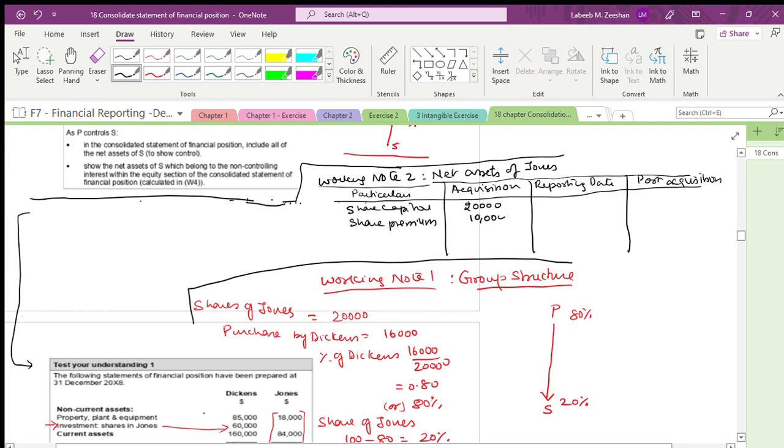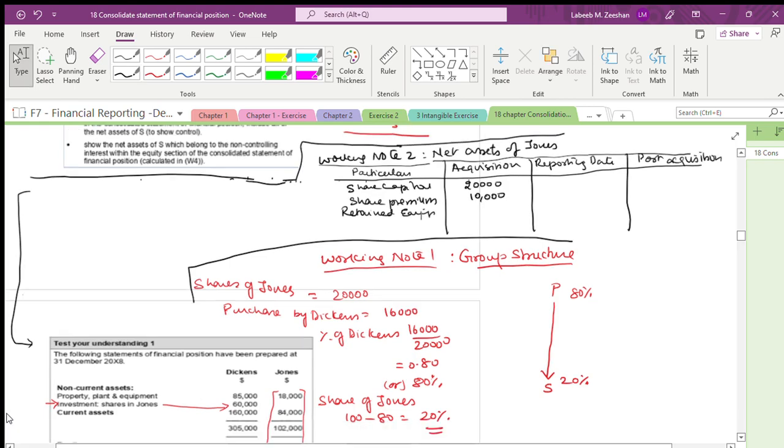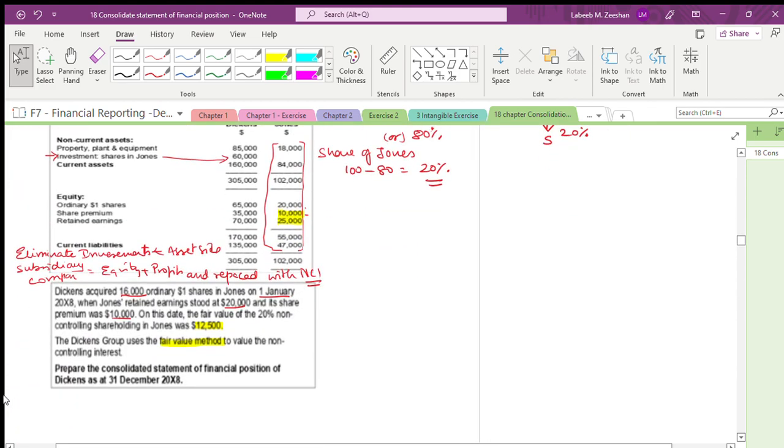You have retained earnings also. What they have mentioned on retained earnings is 20,000.